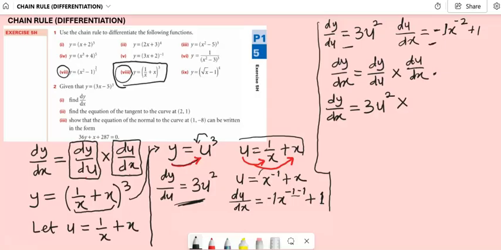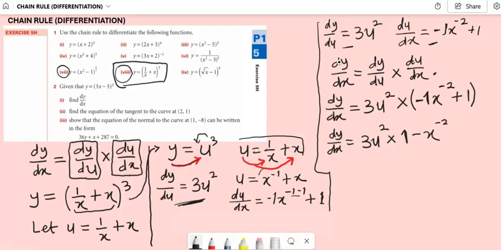This is my du dx here, which is minus 1 x raised to power of minus 2 plus 1. So I can rewrite this to be dy dx is equal to 3u raised to power of 2 multiplied by 1 minus x raised to power of minus 2. Make sure you maintain the bracket.